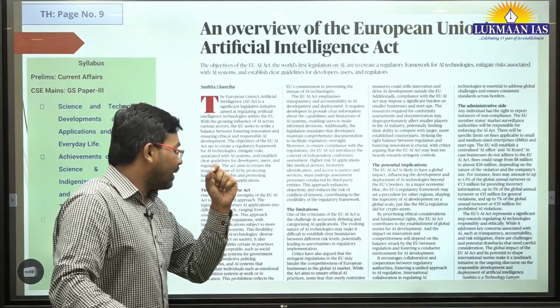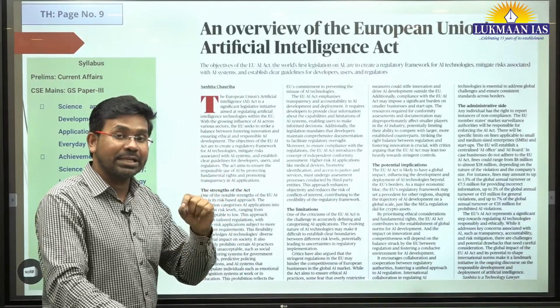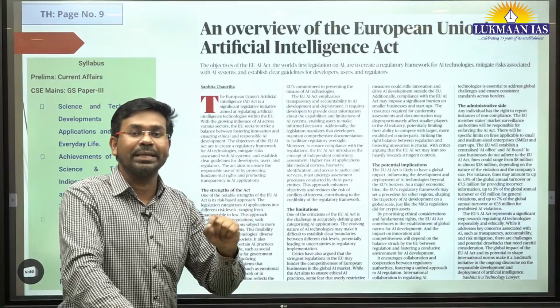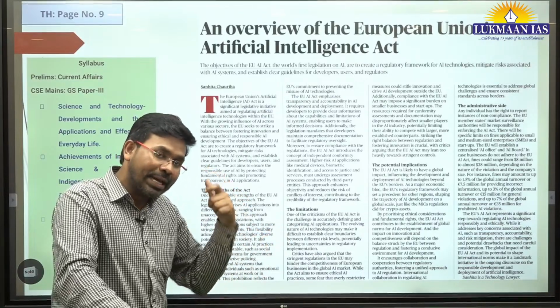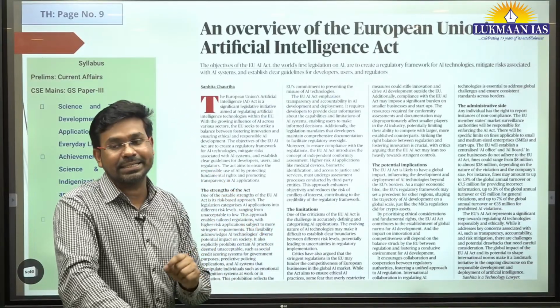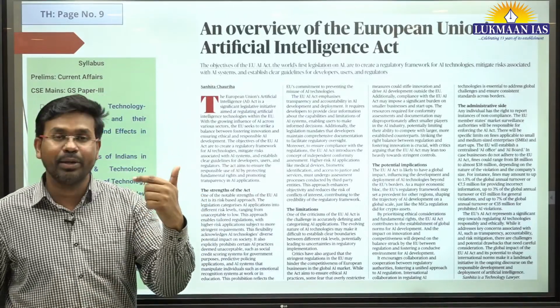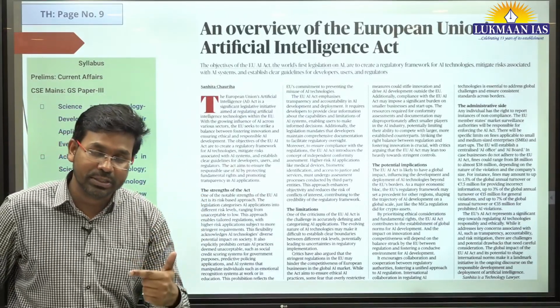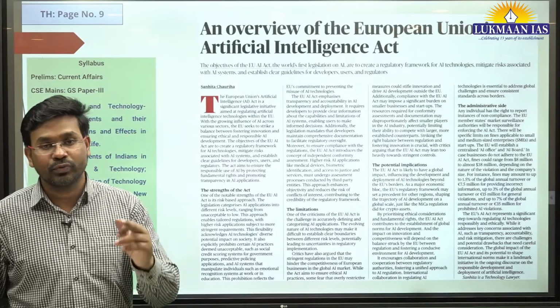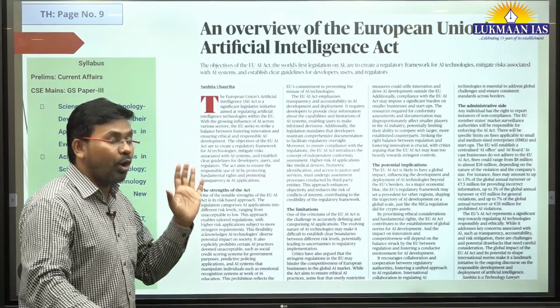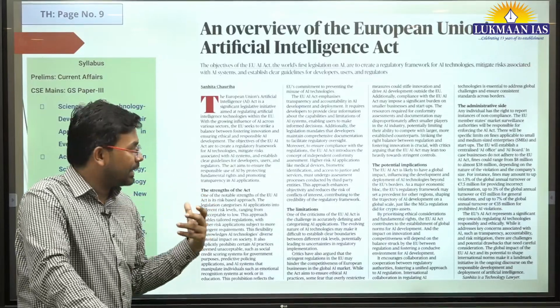Means an AI system which has more risk associated with it will be more strongly regulated as compared to an AI system that has lesser risk associated with it. For example, the AI systems that may be associated with diagnosis of human beings, or that may be used for, let's say, warfare activities, will be strongly regulated.